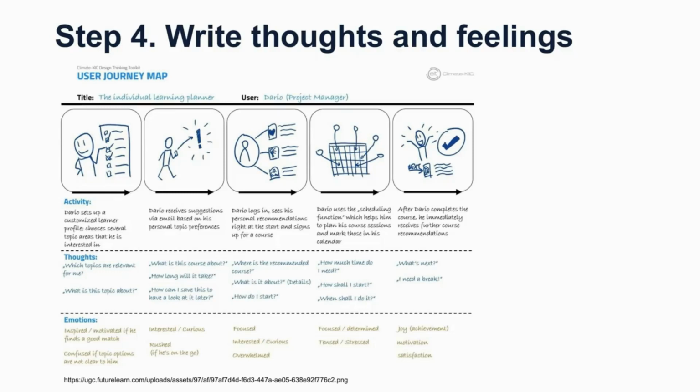We need to write thoughts and feelings. It would help you define what students think with every action at every stage and what they feel, what their emotional reactions are. It is very important. It's crucial to write thoughts and feelings on behalf of your learners. Feelings also could be defined as direct speech.